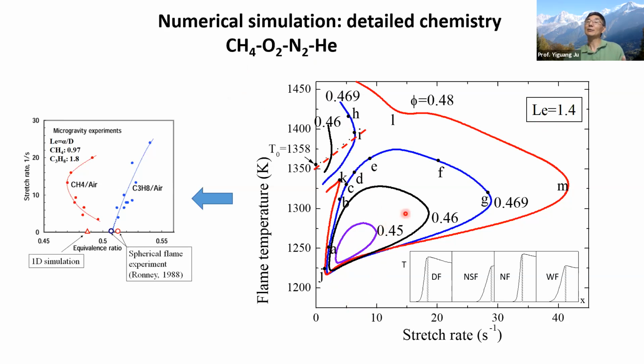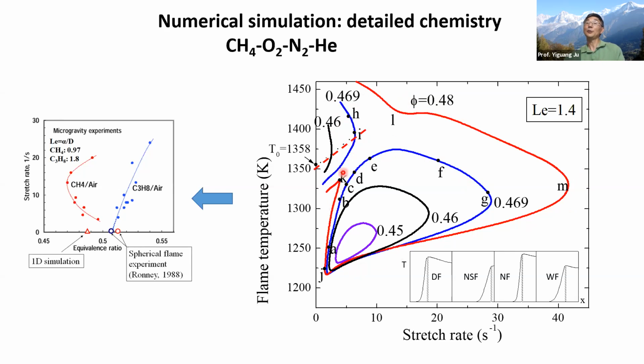As you increase the equivalence ratio, this flammable region increases. At the same time, you have a far field flame that can only exist above the flammable limit. And at an equivalence ratio of 0.469, the far field flames and the near field flames combine together and form this kind of flammable curve.